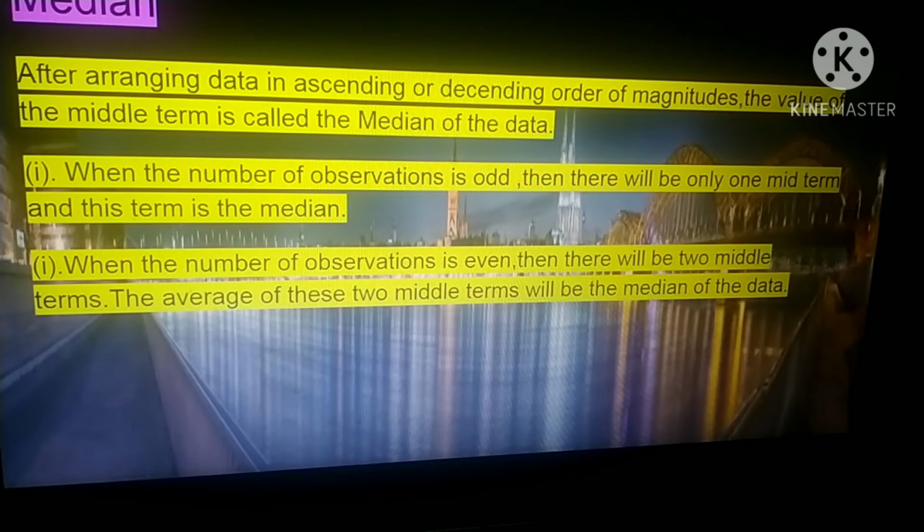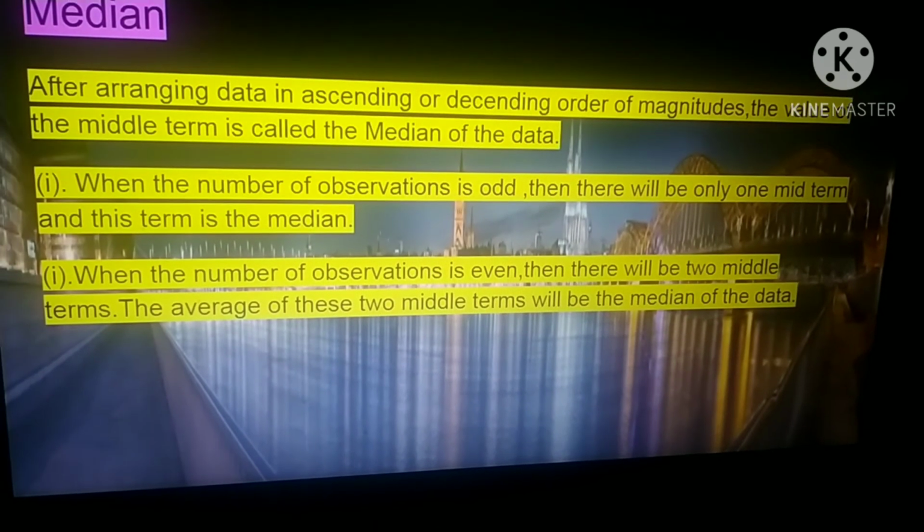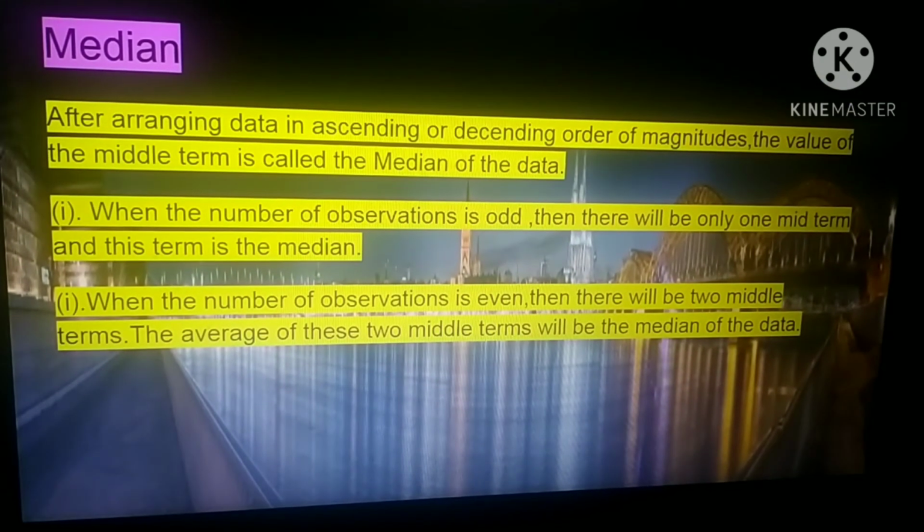While calculating these problems, you can easily understand. First, remember this one. To calculate median, first we have to arrange the data in either ascending order or descending order, but we do it in ascending order only. After arranging the data in ascending order, we have to check for the middle term.